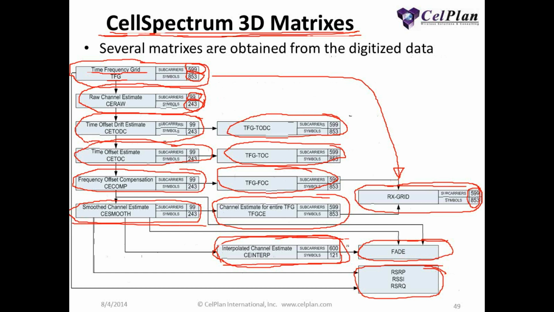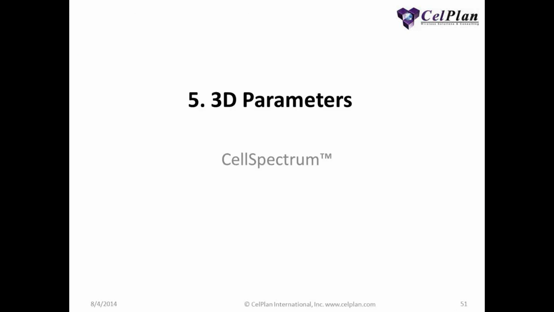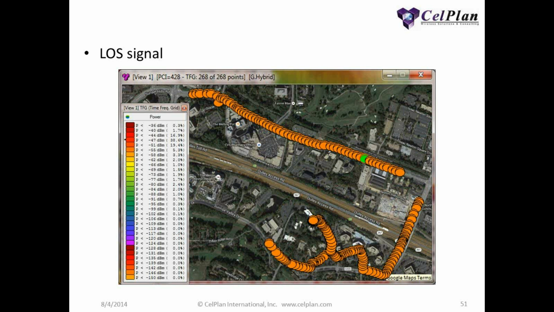Here is a description of the different 3D matrices that we already spoke about. And finally, we will go to 3D parameters. So we will start getting some results now, extracting some parameters. Well, remember the TFG grid.